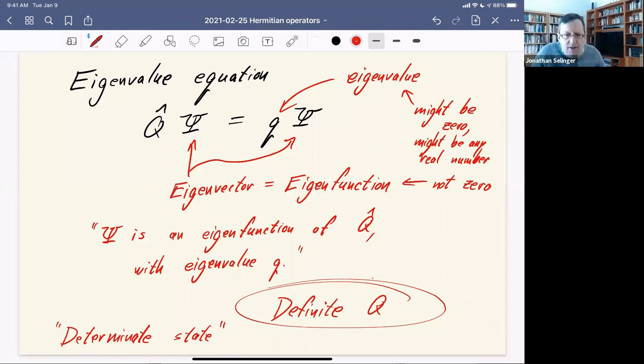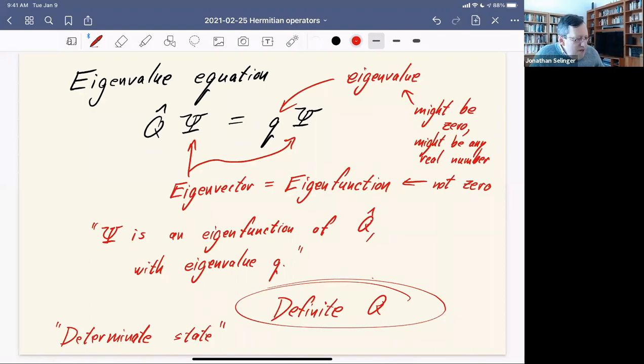So this now is one thing that we get from doing the mathematical formalism. It's knowing when there can be a determinate state as opposed to a state with some uncertainty. And the answer is when there's this eigenvalue relationship.